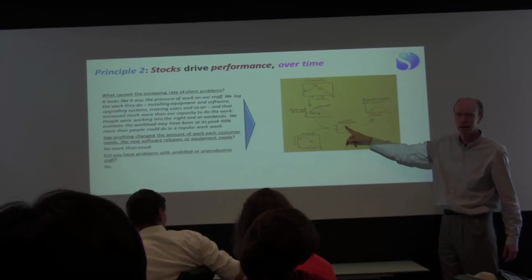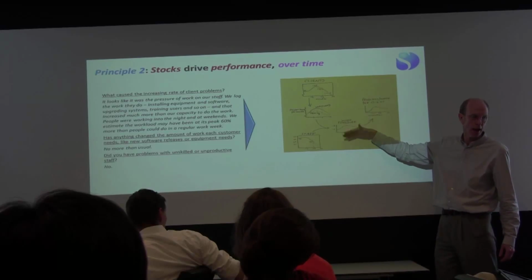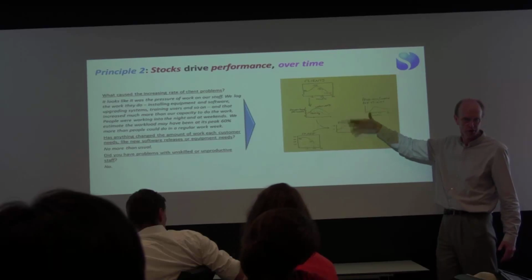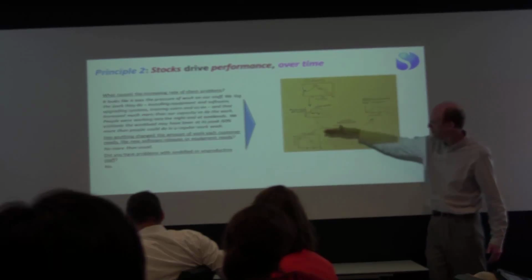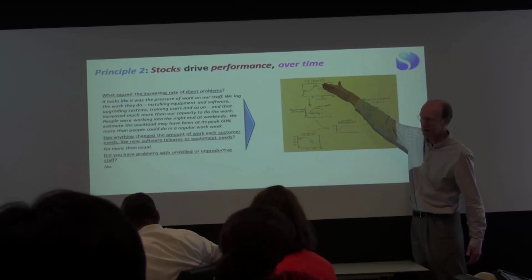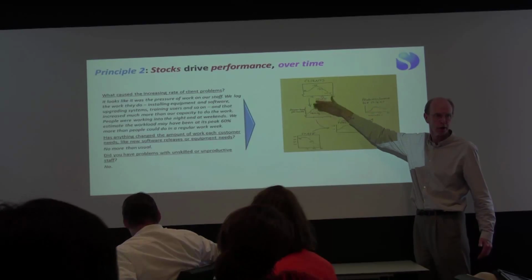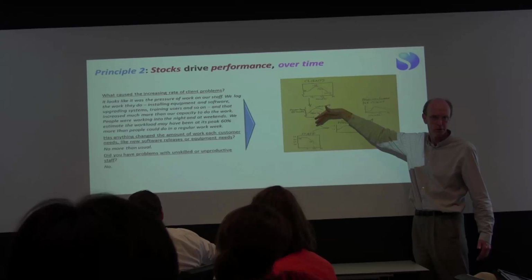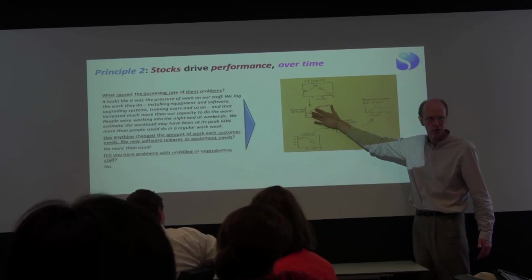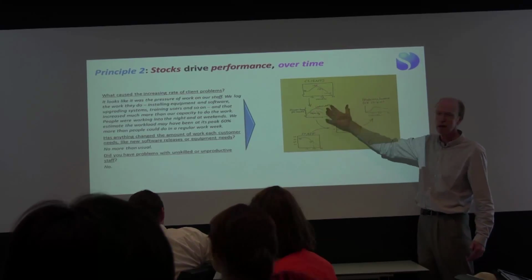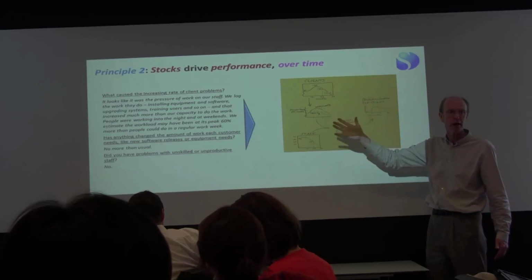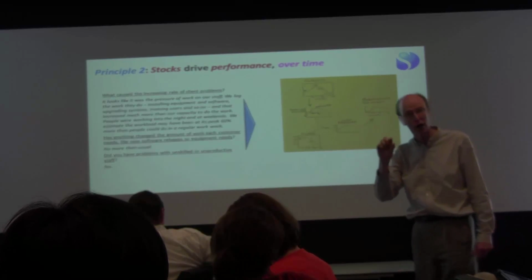But this thing here is hours worked versus normal hours available. This thing here is clients multiplied by workload per client. Right? We're not having anything abstract on these diagrams. Every item on the diagram should be something that the problem owner recognizes.